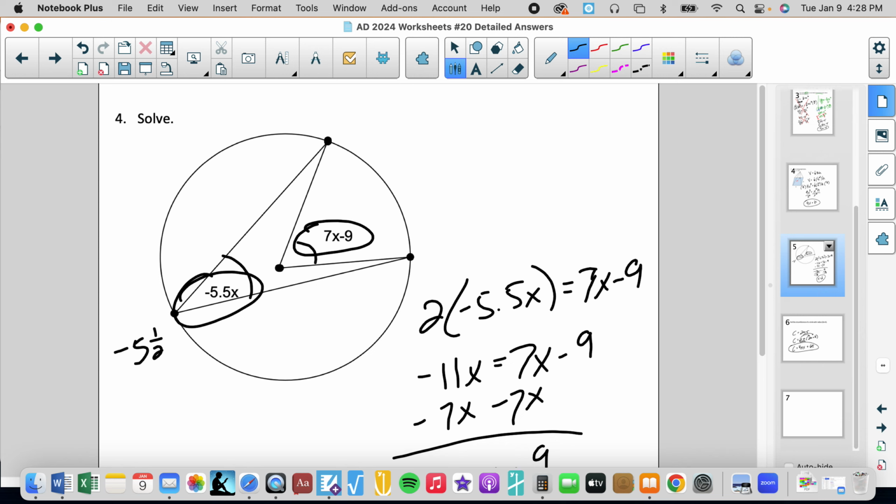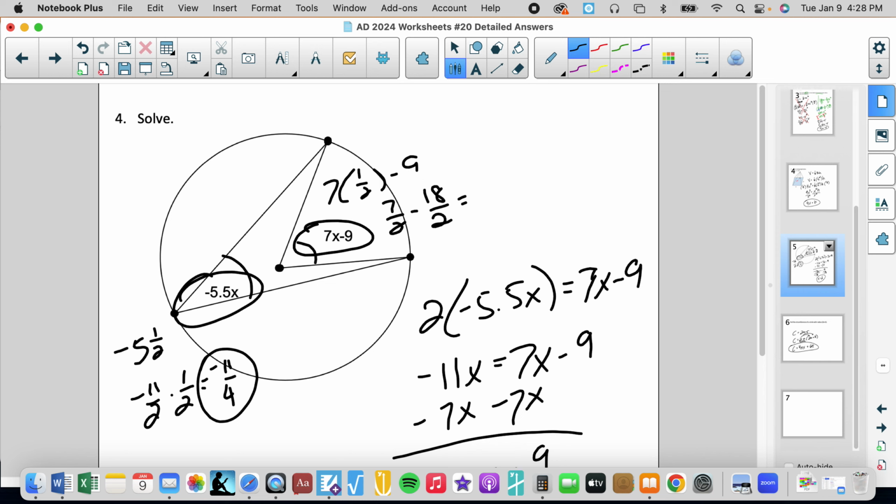Negative 5.5, negative 11 over 2 times 1/2 gives you negative 11/4, which isn't going to be 7 times 1/2. Oh yeah, minus 9. 7 halves minus 18 halves gives us negative 11 halves. Oh, halves. That's fourths.